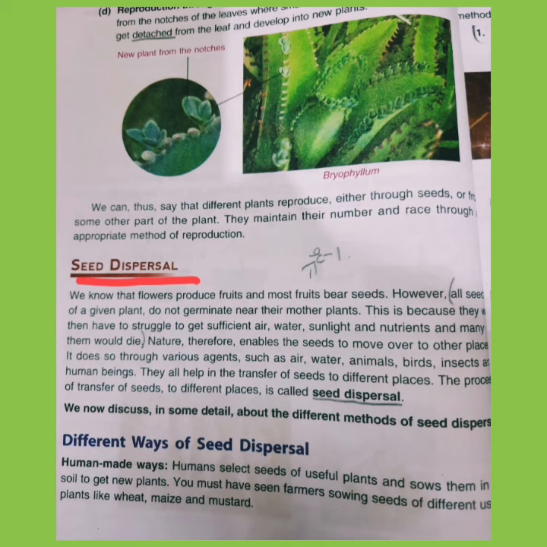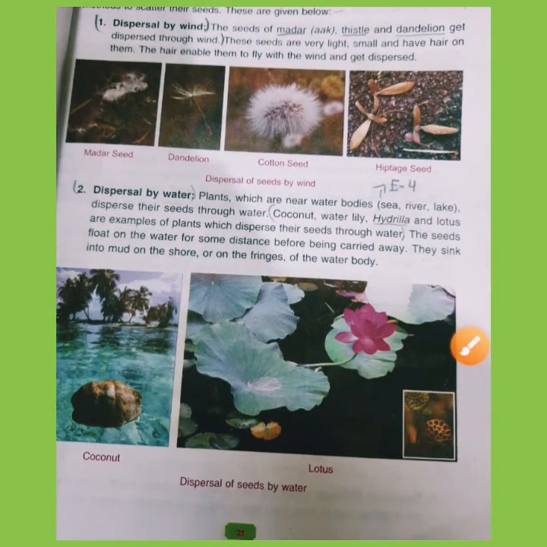Suppose all seeds fall down at the same place, then there will be a struggle to get sufficient air, water, sunlight and nutrients, and many of them may die also. So there is a need for seed dispersal. Now one by one we will see different methods of seed dispersal.